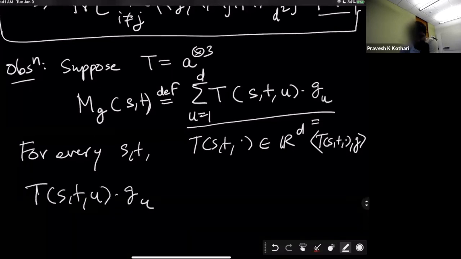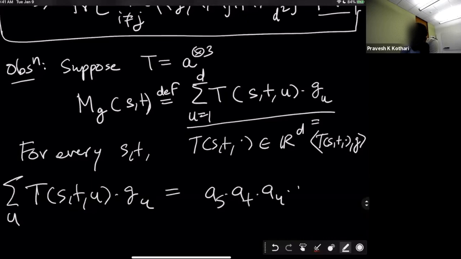What is T_{stu} g_u? By the way, I can compute it just given access to the entries of the tensor T. If T is a tensor a^{⊗3}, well, the stu-th entry of capital T is simply a_s a_t a_u.